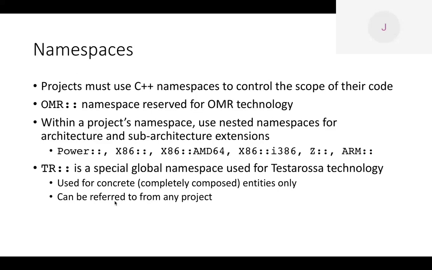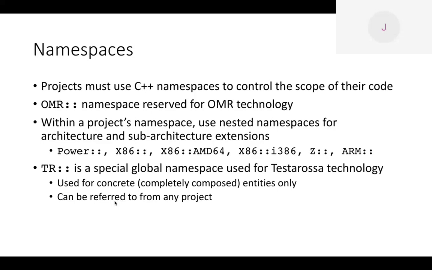There is one special global namespace that we use in this technology, and that's TR::. It's used for something that we call concrete classes. We'll talk about that in just a second, but when you are actually composing an extensible class, you're composing it from what we call extension classes.